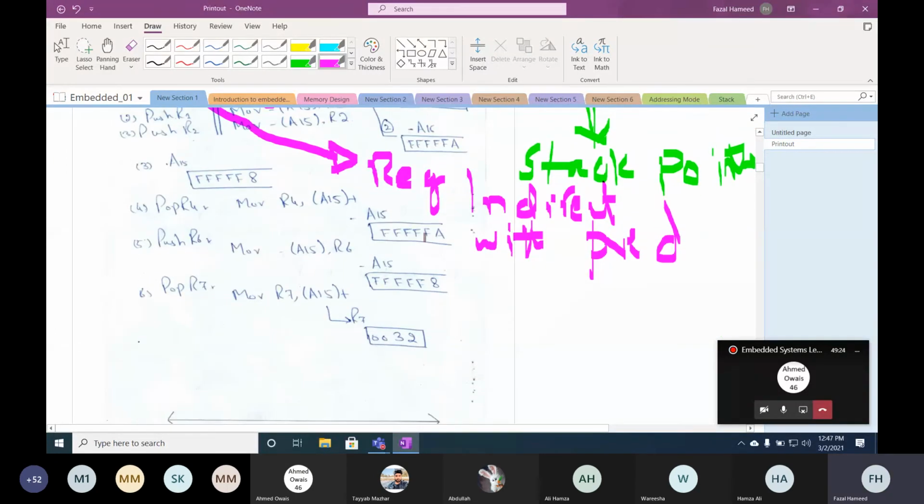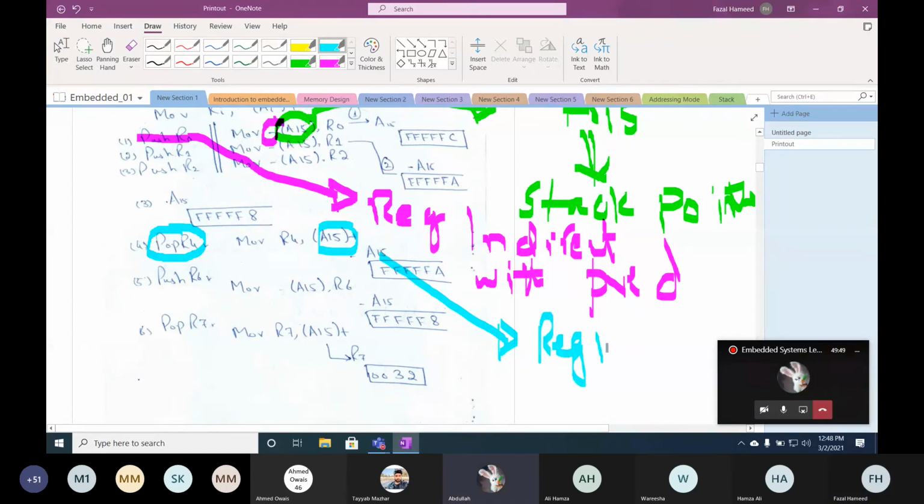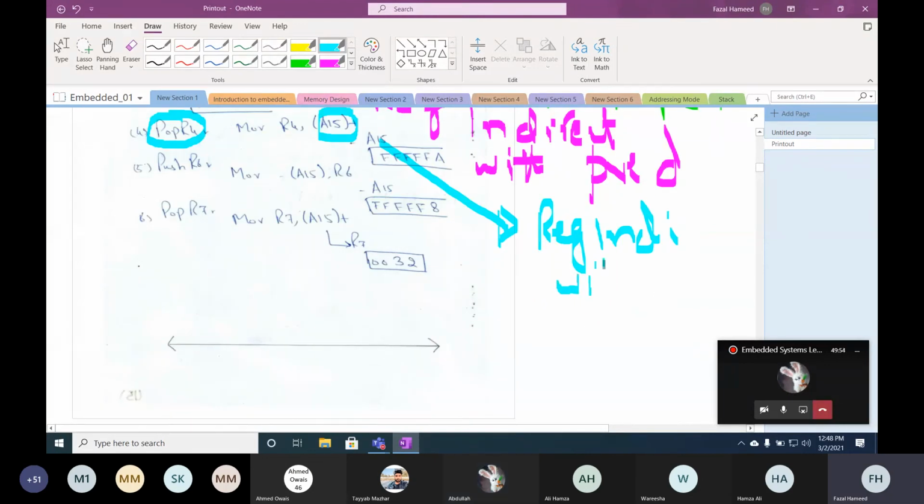Now we are referring to this example, pop R4. What is R4? The data that is pointed out by the stack pointer is moved from the memory into R4. Which addressing mode do we use in this example? Register indirect with post increment.